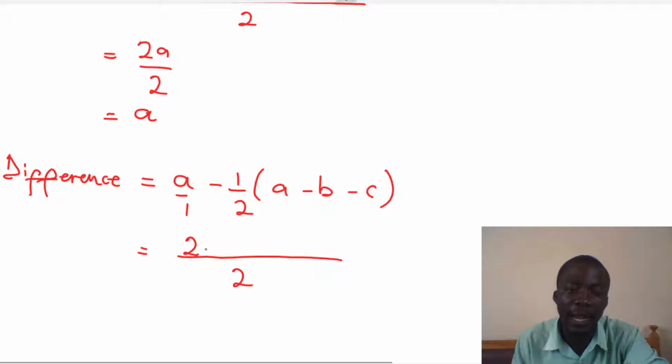Then 2 multiplied by a, we are going to get 2a. Minus, 2 goes into 2, 1. So 1 times the content of the bracket, which is a minus b minus c.